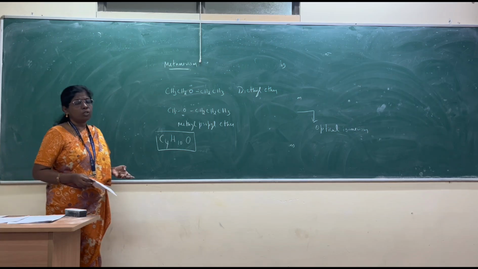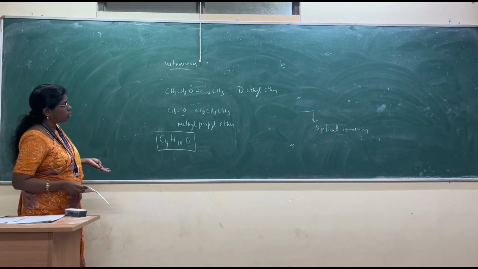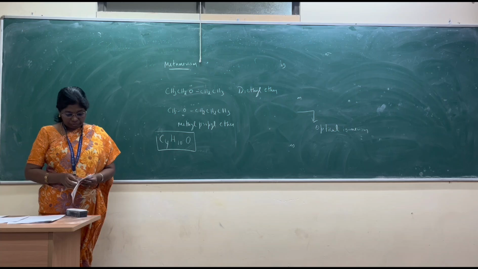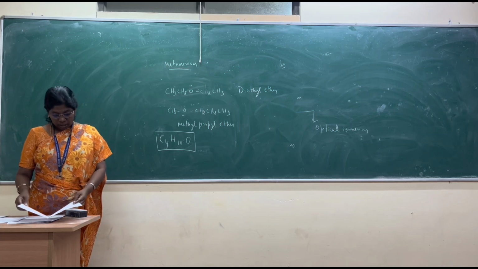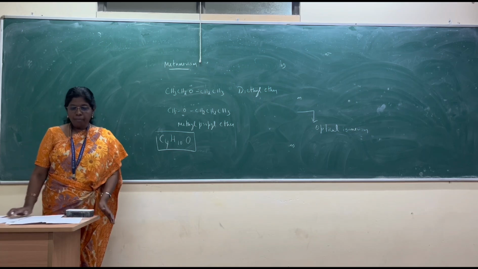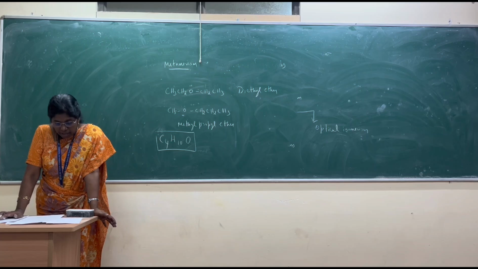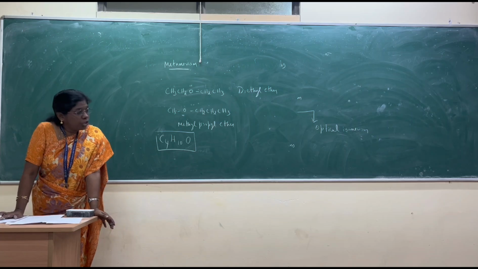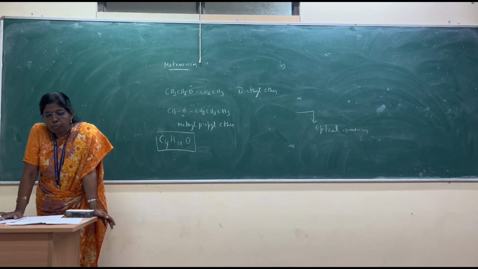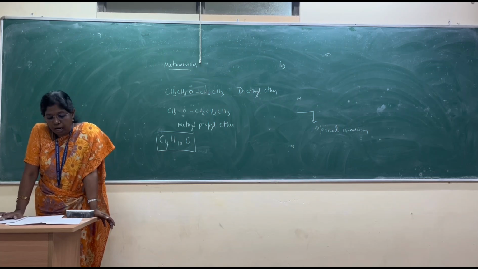So what are the structural isomerisms? The first is chain isomerism, second is position isomerism, third is functional isomerism, and the last is metamerism. Chain isomerism: same molecular formula but different order in which carbon atoms are bonded. Position isomerism: different position of the functional group on the carbon atom.